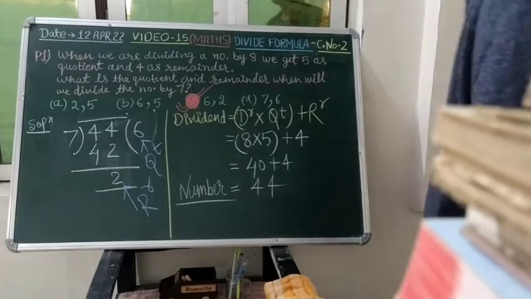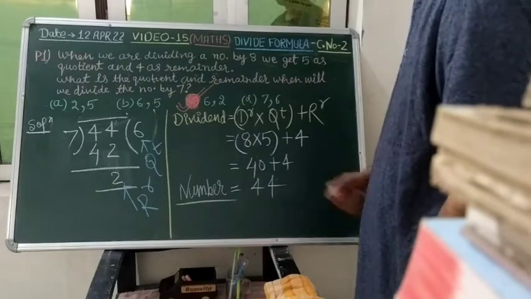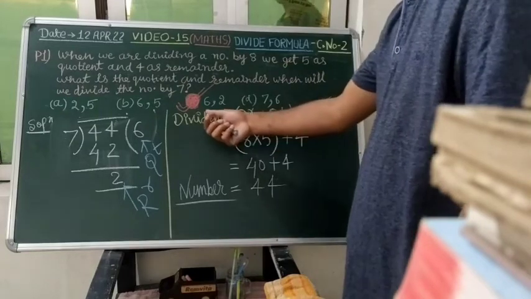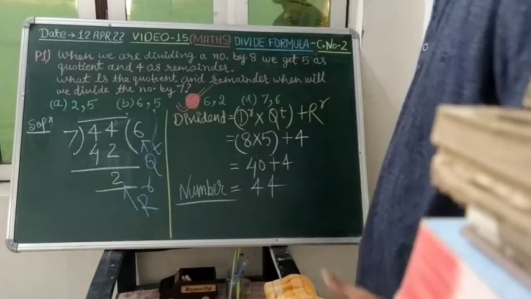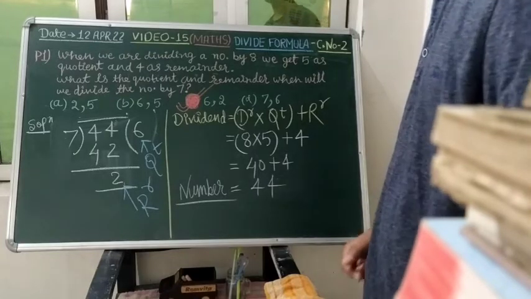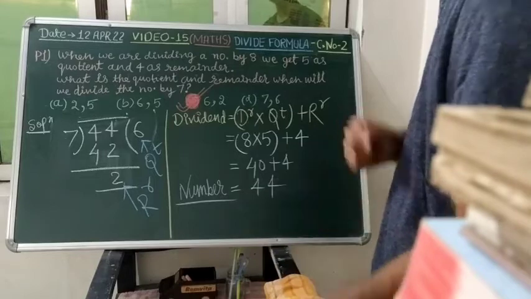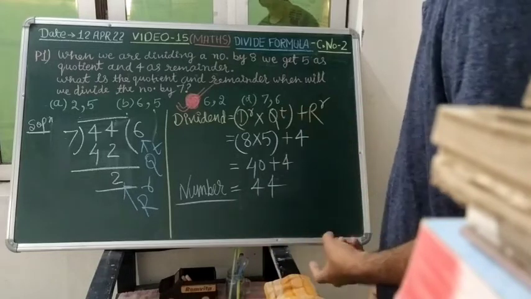Look, students, first you should try the calculation method, and you should train your mind in such a way that we can solve the problem in our mind, at our fingertips.